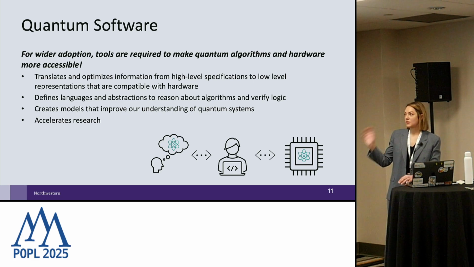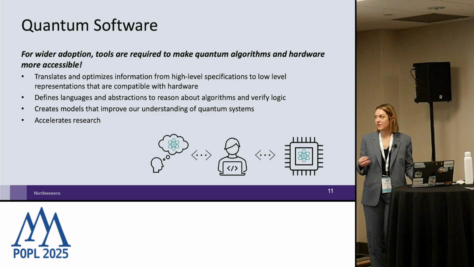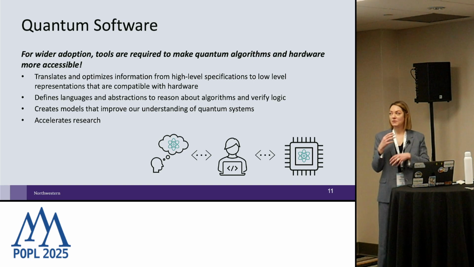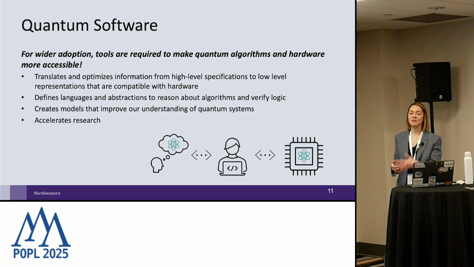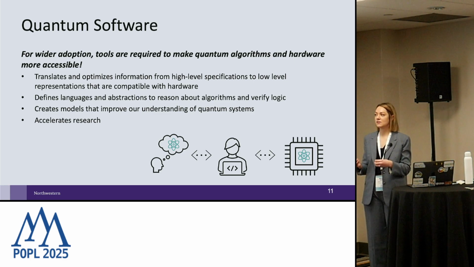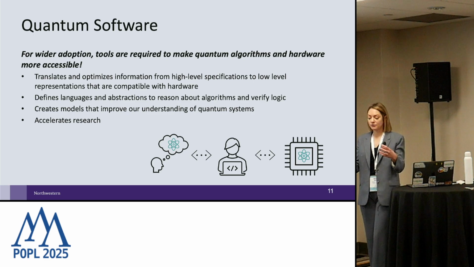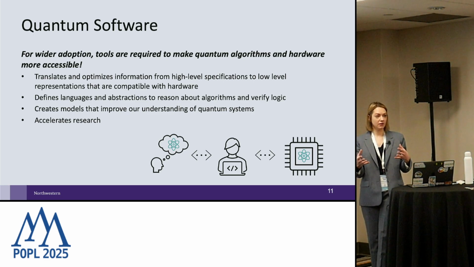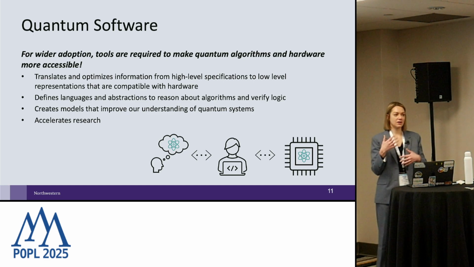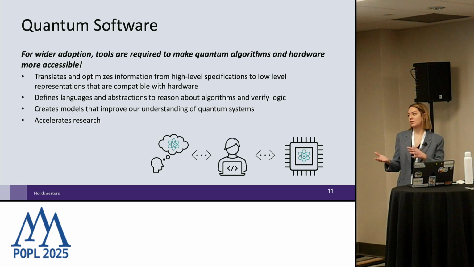So the things that quantum software can do for us: the compilation example that we'll really be focusing on in this talk translates and optimizes information from a high level to a low-level executable. But we also have another nice artifact of software, that it gives us a means to come to abstractions that we can all agree on and use to reason about algorithms and verify our logic.